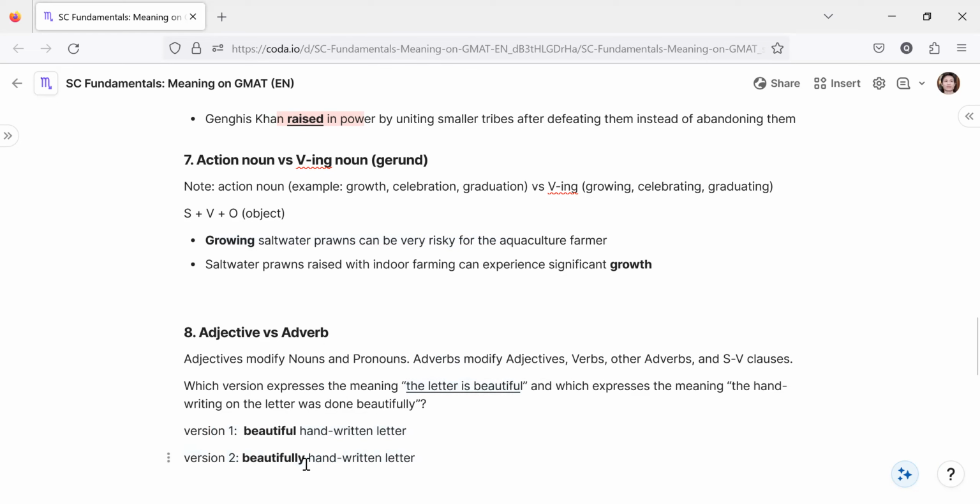But in the second version, it is the handwriting that is beautiful, or the handwriting on the letter was done beautifully, right? So it's very different in meaning. What the word beautiful or beautifully is actually modifying changes the meaning of the sentence entirely.